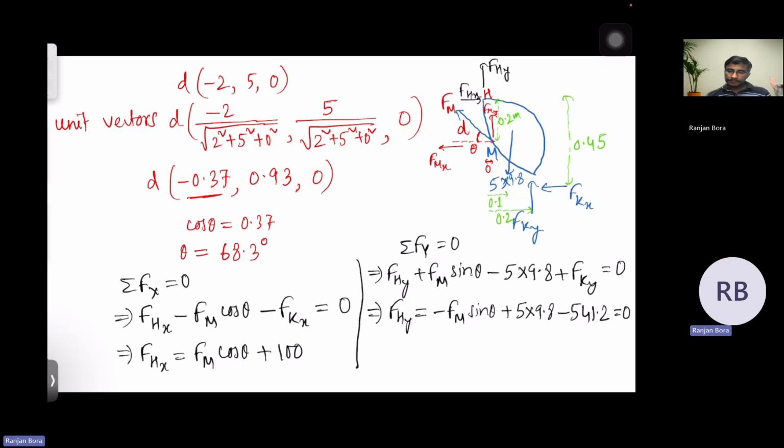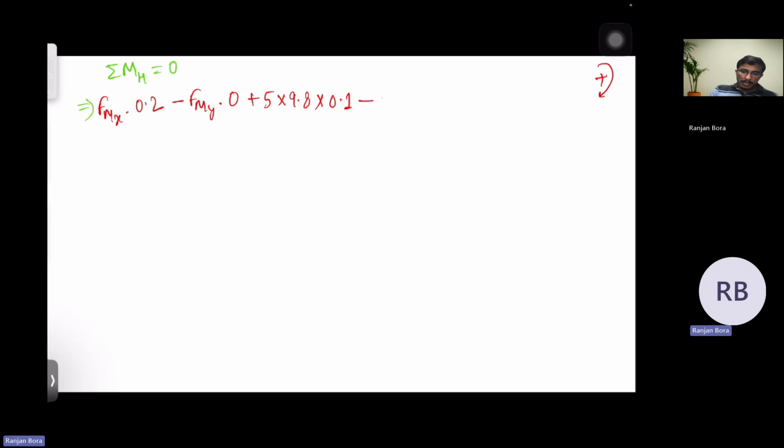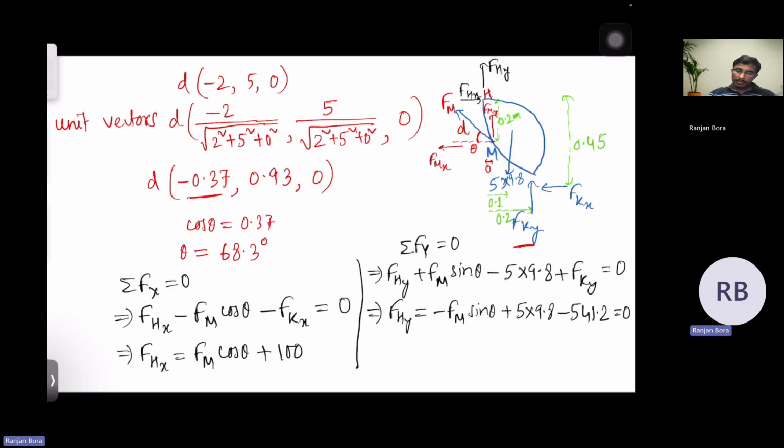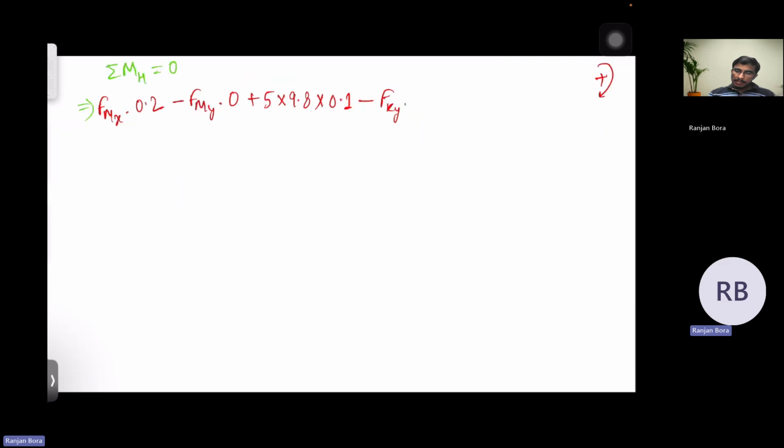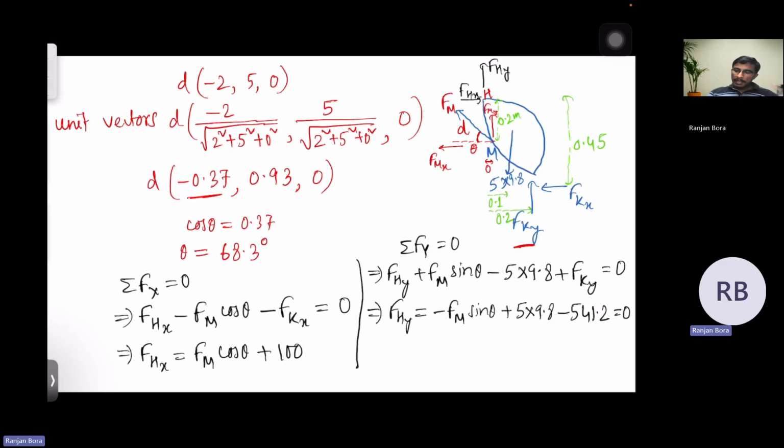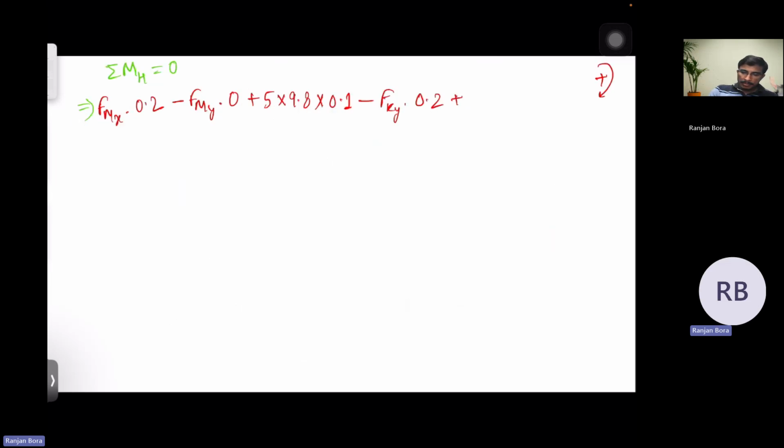Fky produces an anti-clockwise moment, so minus Fky dot 0.2. Fkx produces a clockwise moment, so plus Fkx times 0.45, equal to 0.